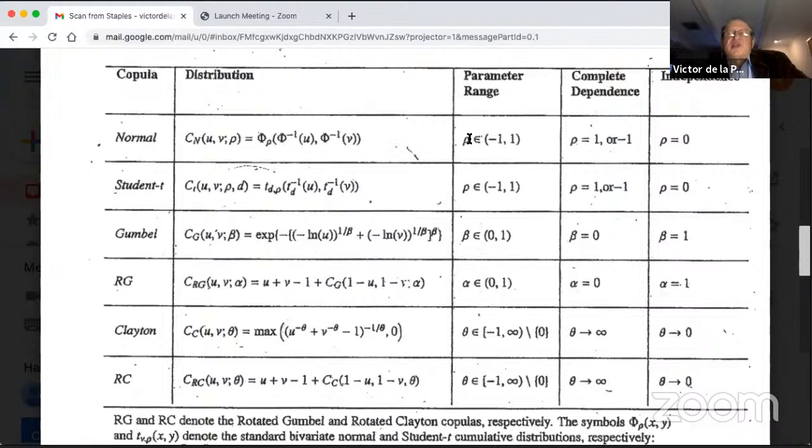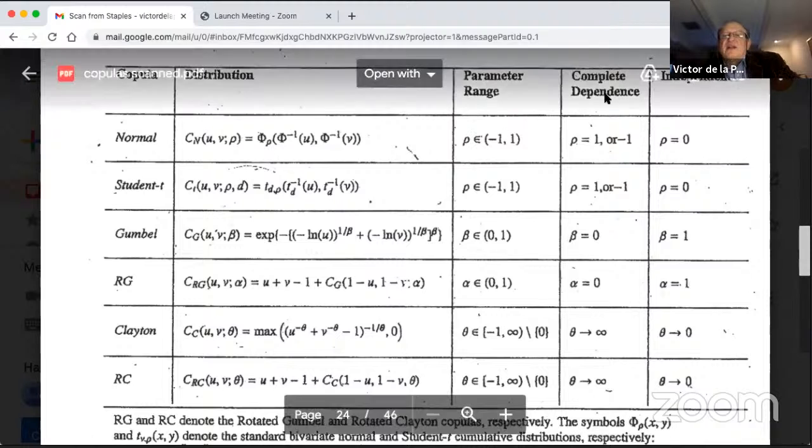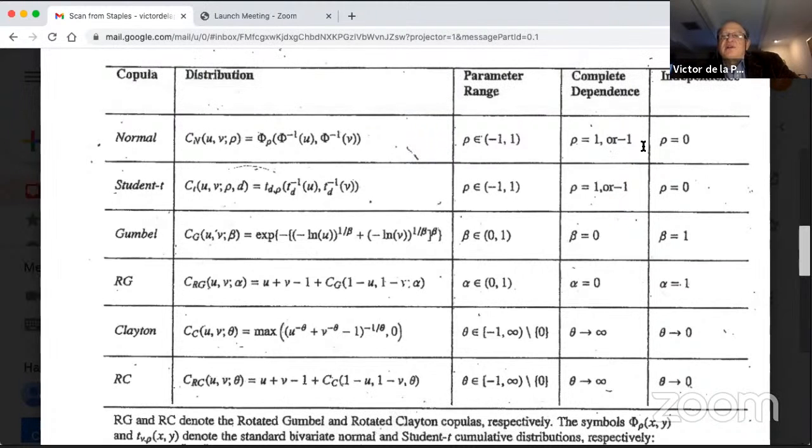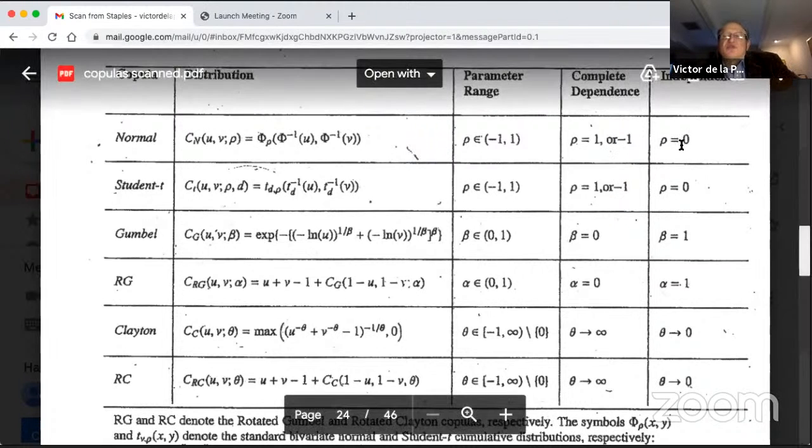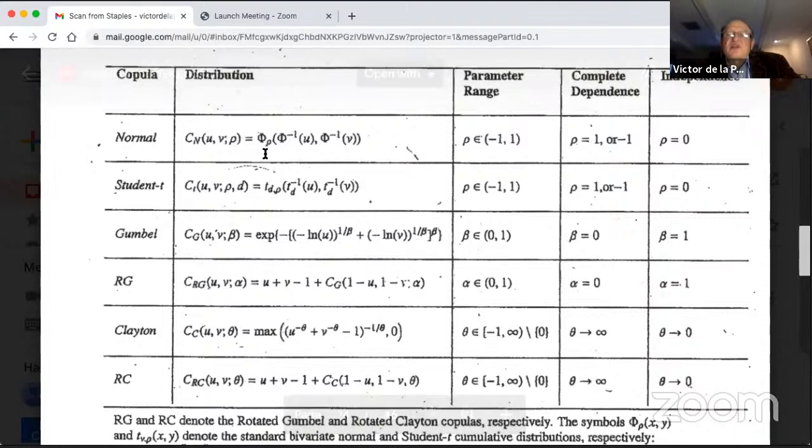The parameter range is rho between -1 and 1, because the joint distribution of the Gaussians depends on rho. Complete dependence is when rho is equal to 1 or -1, and independence is when rho is equal to 0. So this copula is parameterized by rho, which is between -1 and 1.